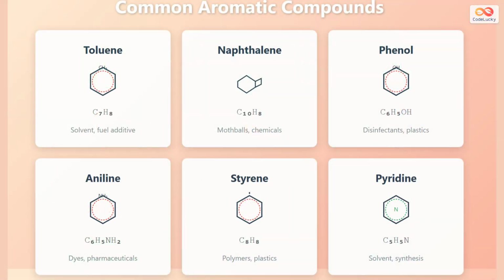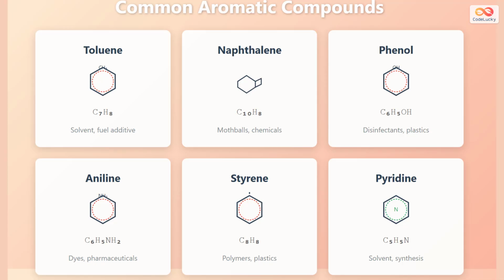Many important aromatic compounds are derived from benzene. Toluene, with formula C₆H₆, has a methyl group attached and is used as a solvent and fuel additive. Naphthalene, C₆H₆, contains 2 fused benzene rings and is famously used in mothballs. Phenol, C₆H₆OH, has a hydroxyl group and is used in disinfectants and plastic production.